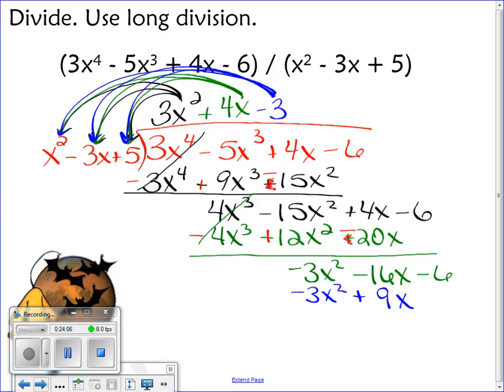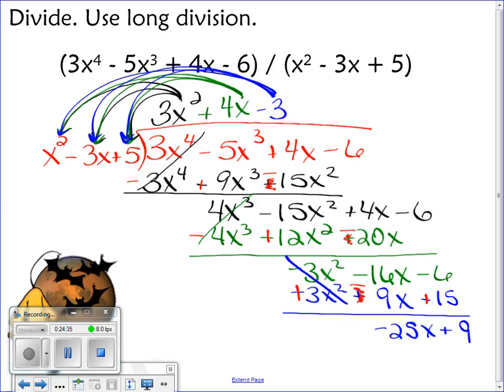Negative 3 times 5. And then change your signs. I ran out of room on my notes. So that canceled. This gives me negative 16x minus 9x, negative 25x, plus 9.